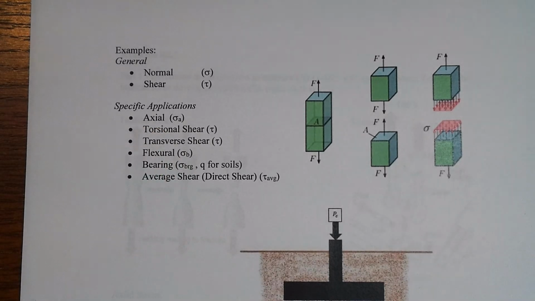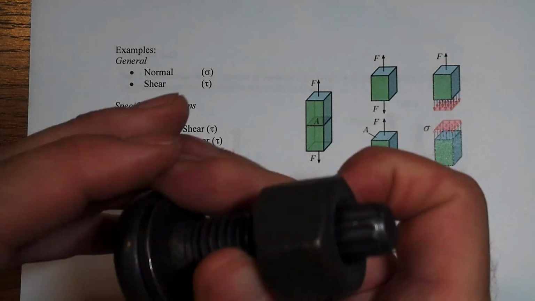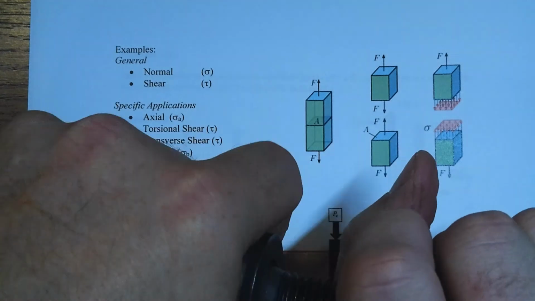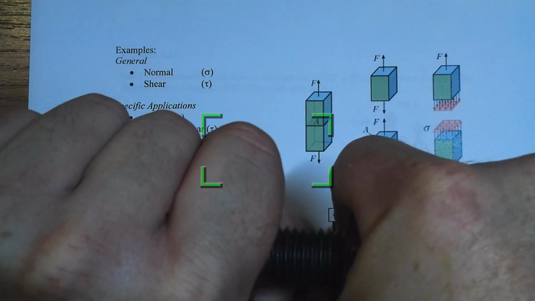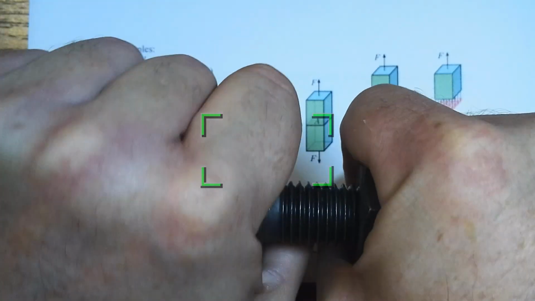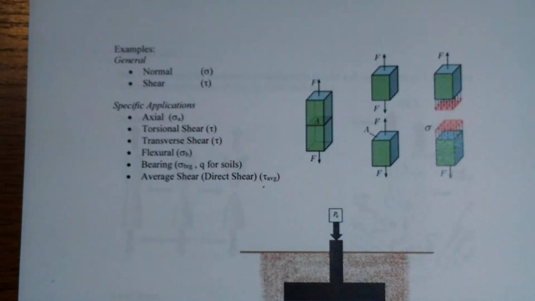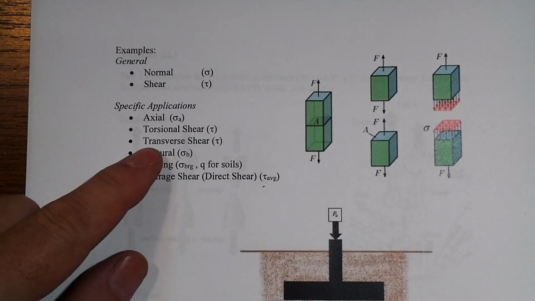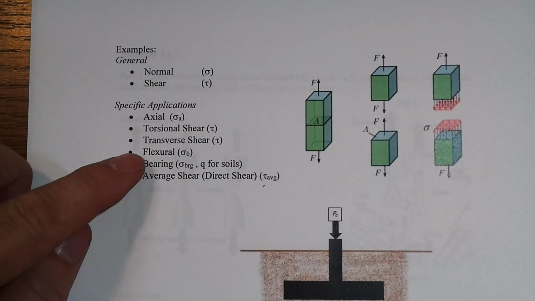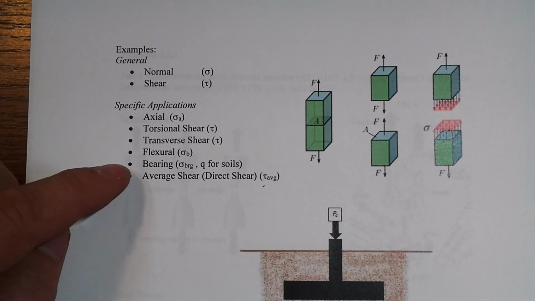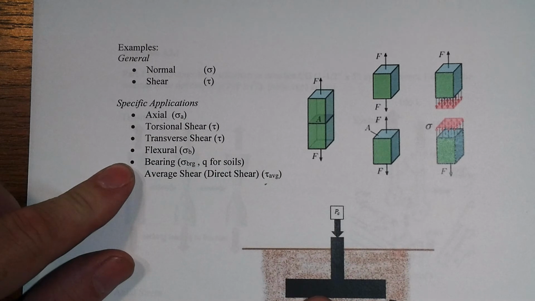A torsional stress would be associated with taking a shaft and twisting it. Twisting a shaft will create torsional shear stresses. We have a transverse shear stress, which has to do with the beam, as does the flexural stress, which is also a normal stress. A bearing stress is the kind of situation you see down below.